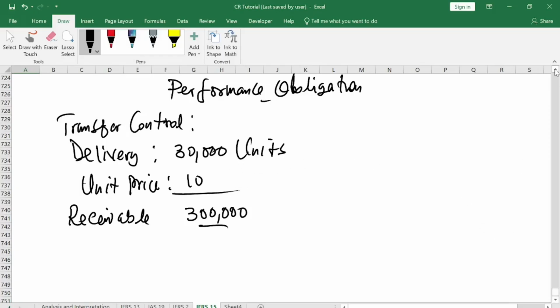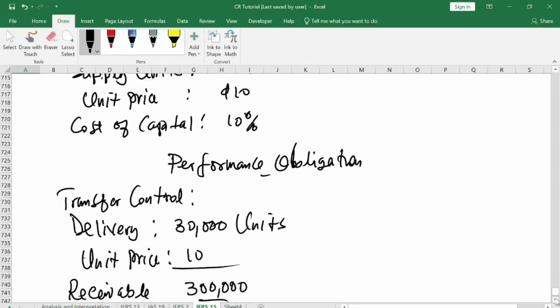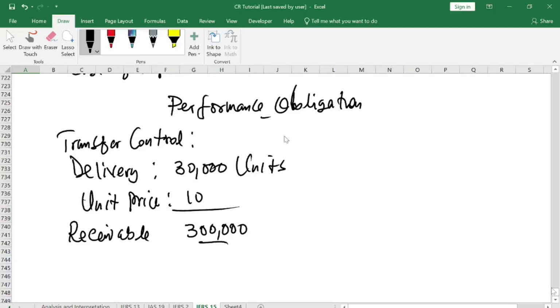Remember, the total contract is 50,000 units, and you delivered 30,000. The one you delivered on 31st March falls within the accounting year.